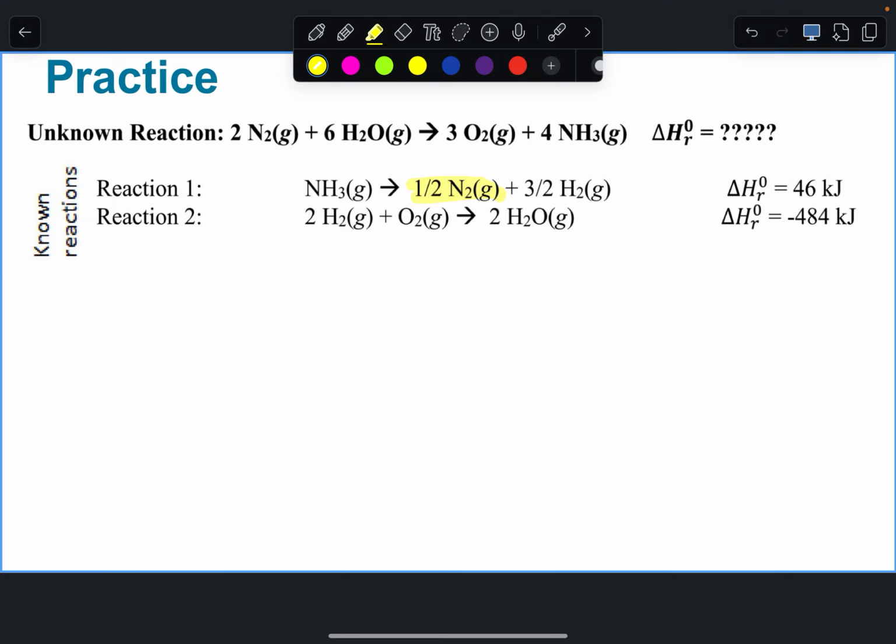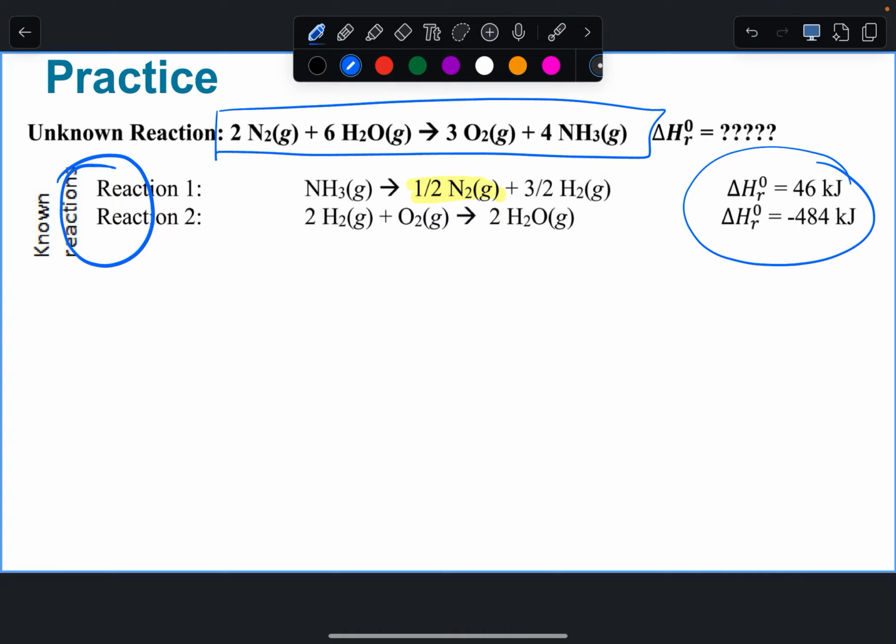So I'm going to have to do 2 different types of manipulations here. First, I'm going to turn it around so that it's on the correct side, on the reactant side. Okay, so again, restating, I'm manipulating these reactions because I know their enthalpy values. I'm going to manipulate those ones to try to eventually add them together and make them look like the one in the box, the one I'm looking for. So I'm going to flip reaction 1 around, and I'm going to rewrite it as 1/2 N2 plus 3/2 H2 forming NH3.